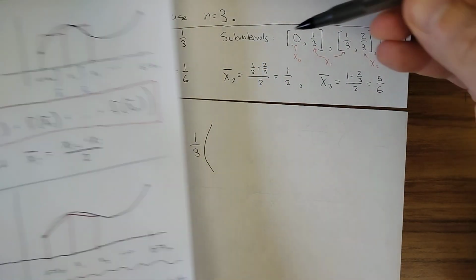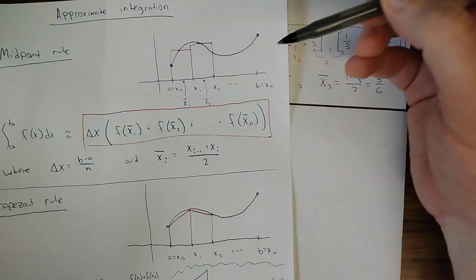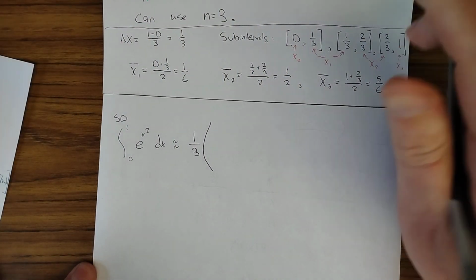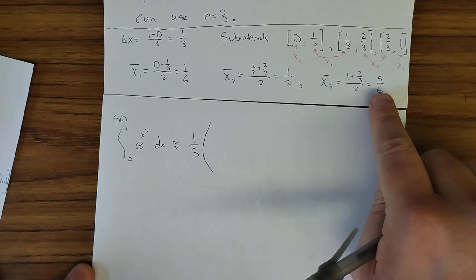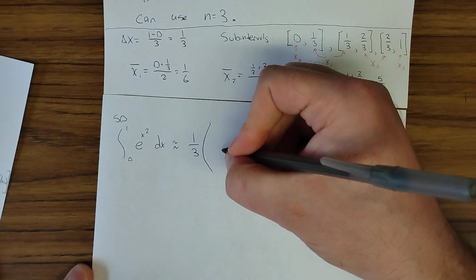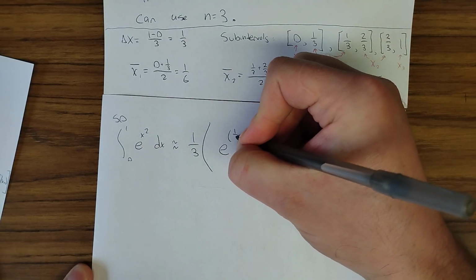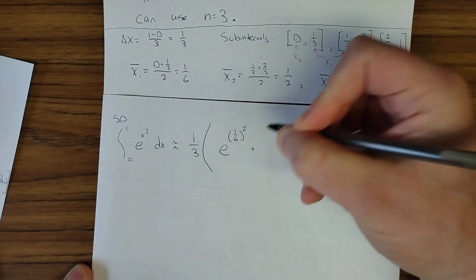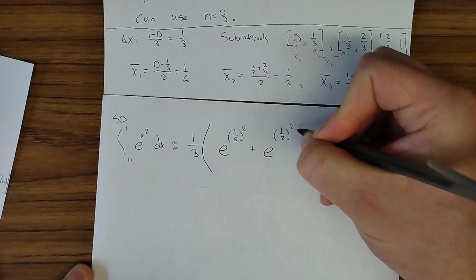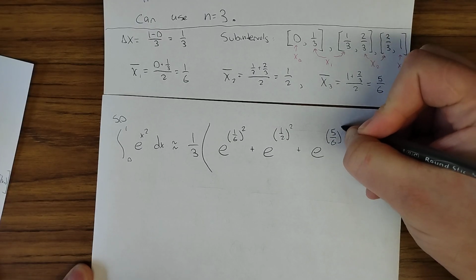And then I do f of x1 bar plus f of x2 bar, and then there's only one more, so there's f of x3 bar, because n is just 3. So here are my x bar values, and this is f of x, so f of x1 bar, that's e to the 1/6 squared. f of x2 bar is e to the 1/2 squared, e to the 5/6 squared.